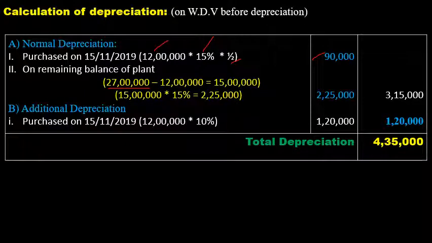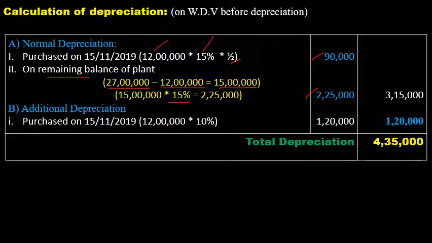In that, for 12 lakh we have already charged the depreciation, and the remaining value for depreciation is 15 lakh. 15 lakh into 15% is 2,25,000. For the remaining balance, always full depreciation, because it's assumed to be the value of the previous asset.